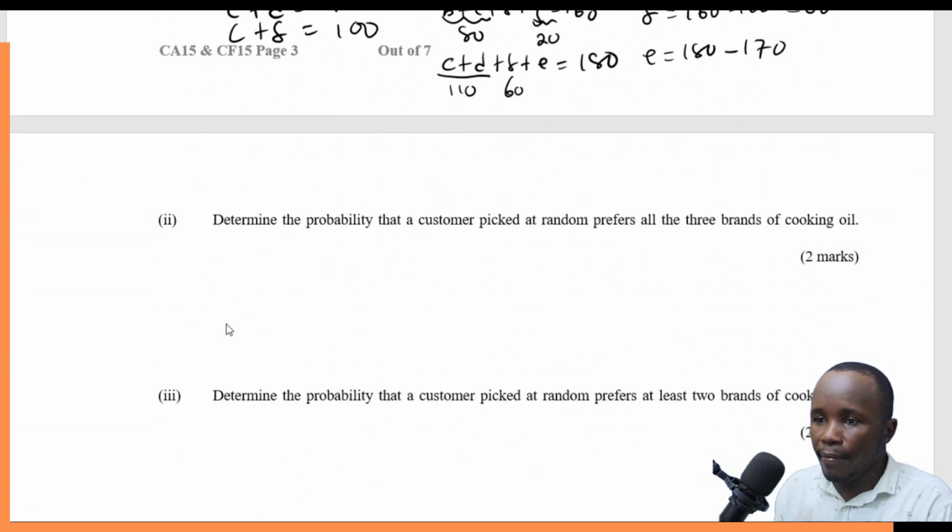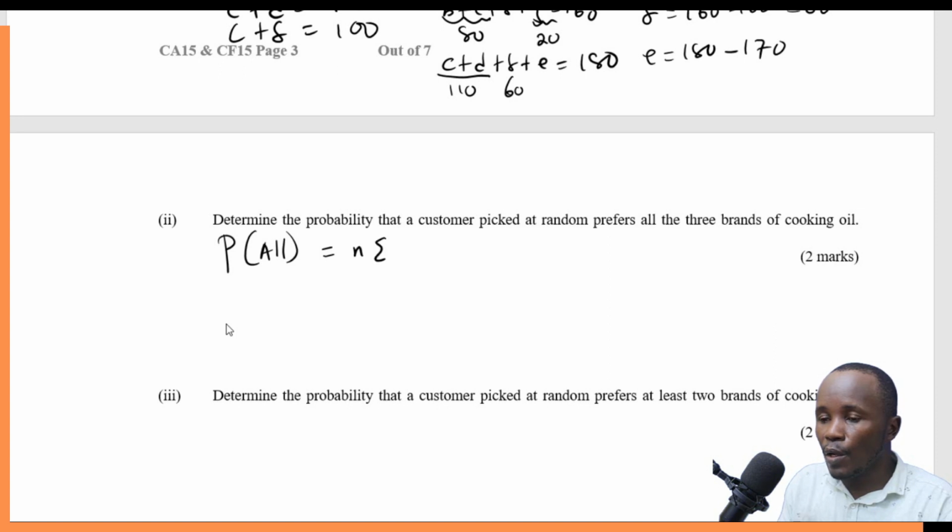Next, part B. Determine the probability that a customer picked at random prefers all the 3 brands of cooking oil. So we are looking for the probability that preferred all. Therefore, we need the number of outcomes for all divided by the total.